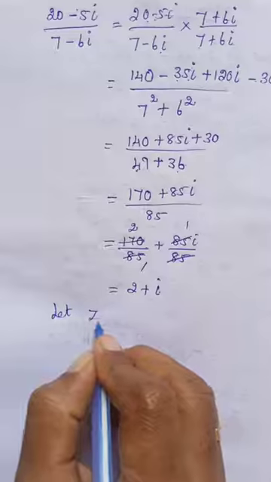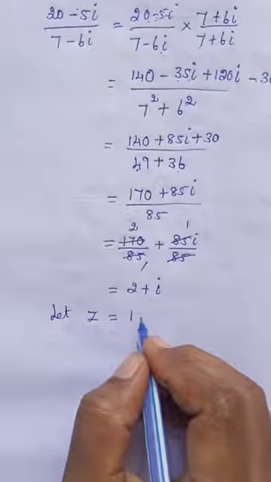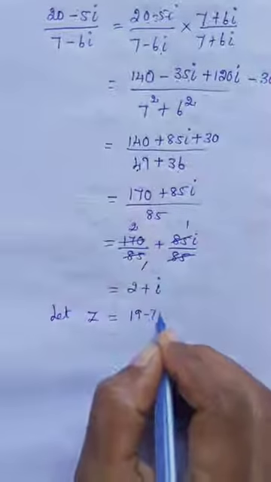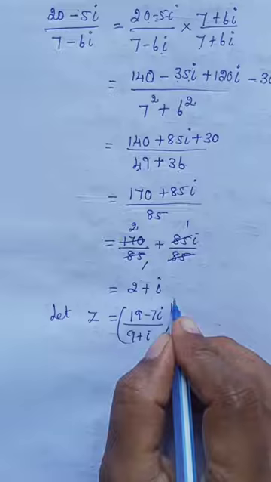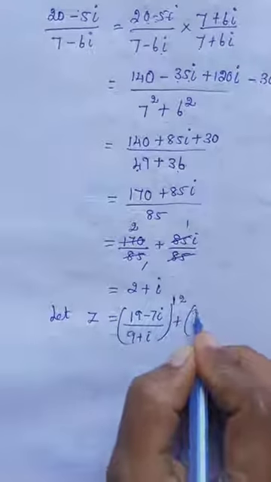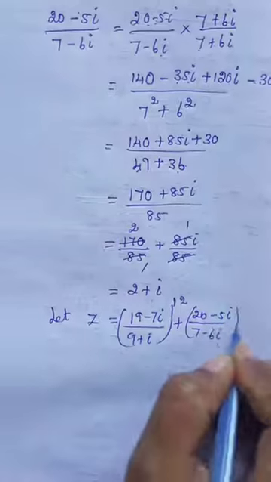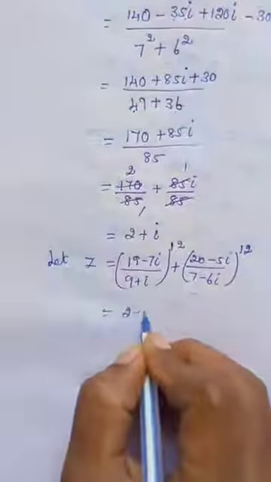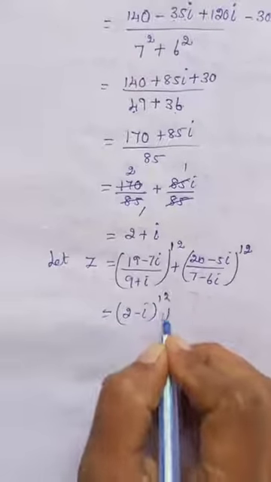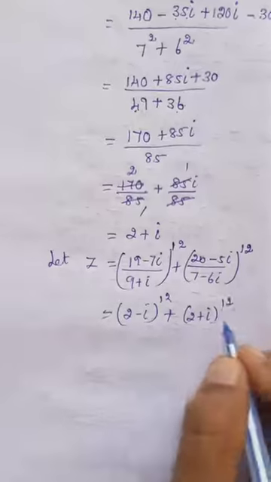So here I am taking, let Z is equal to 19 minus 7i by 9 plus i the whole power 12 plus 20 minus 5i by 7 minus 6i the whole power 12. So this is 2 minus i the whole power 12 plus 2 plus i the whole power 12.